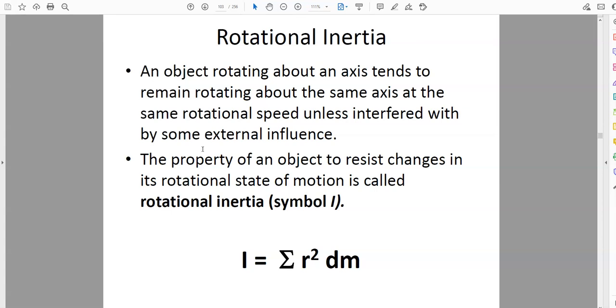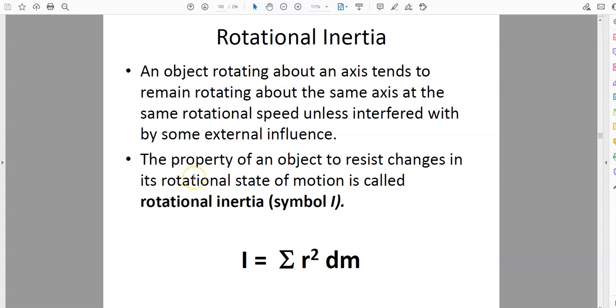Since it's analogous to mass, if a small mass is moving at you with a normal velocity, it would be relatively easy to bring it to a stop. But if that mass was 100 times its mass, it might be more difficult.